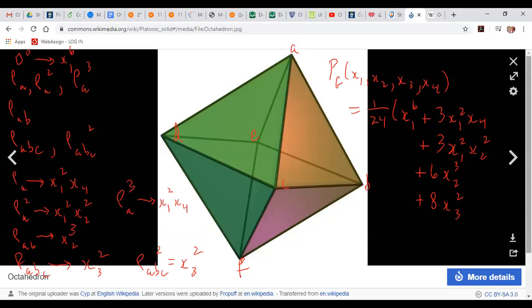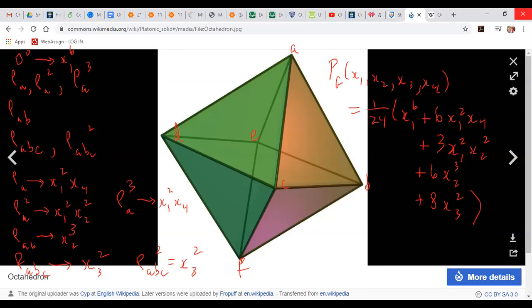So there are 3 of those, which really bumps up this guy over here to 6. There are 6 of those things. Okay, and now I think we've accounted for everything. So 1 plus 6 is 7, plus 3 is 10, plus 6 is 16, plus 8 is 24. We have everything right there.